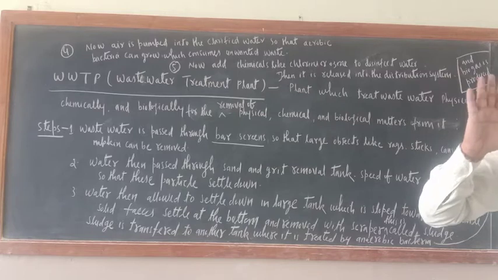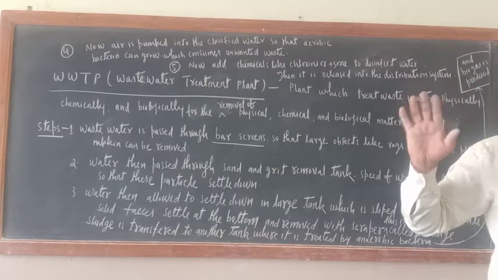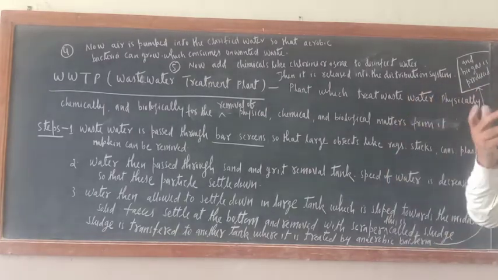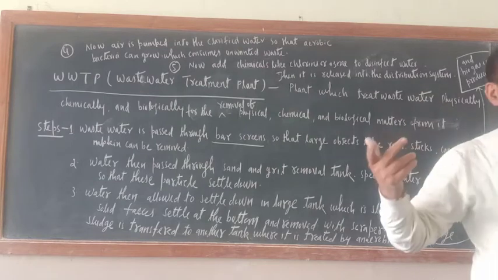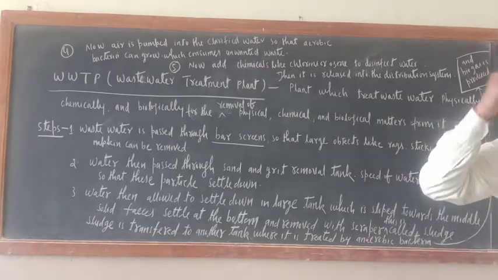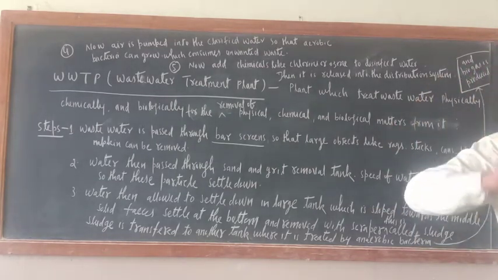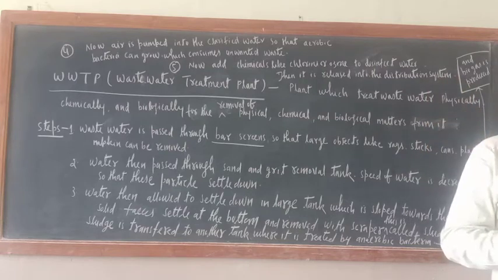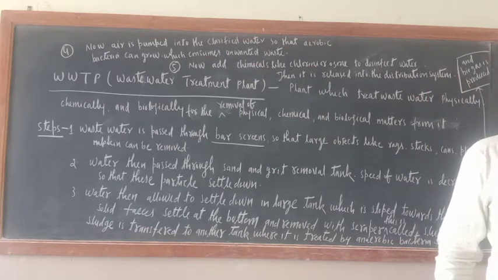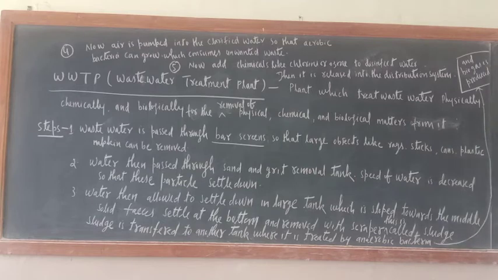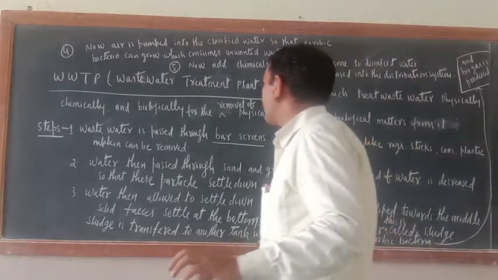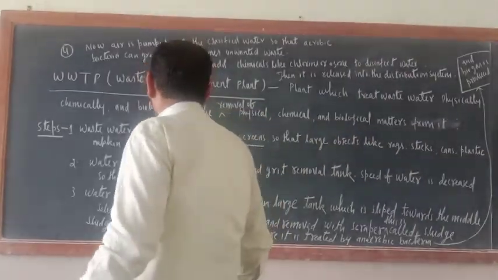They are the biological things which are still present in the wastewater. So you add some chemical like chlorine tablets or ozone gas, so those viruses and bacteria are also killed. Now that water will be released to the distribution system, and that water is fit for drinking. In this way, all the steps related to the treatment of wastewater are completed.